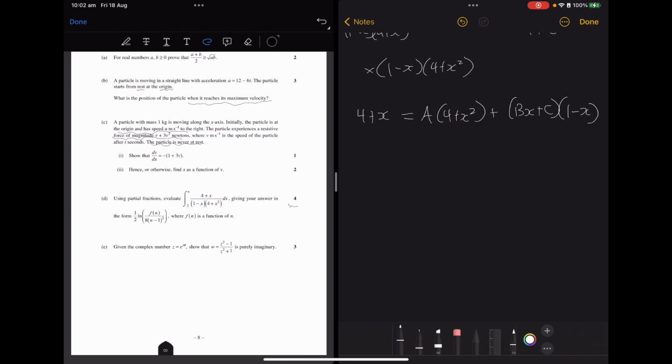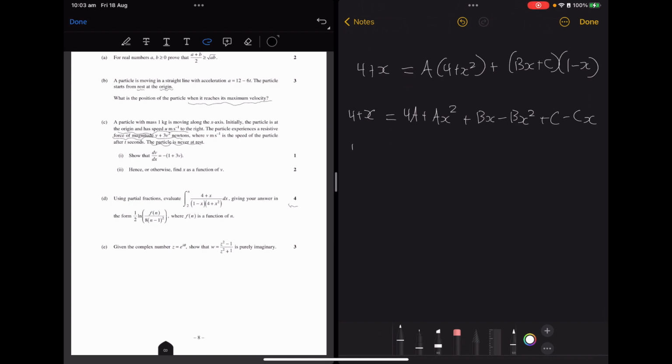Now we first have to expand each side. So that means 4a plus ax squared plus bx minus bx squared plus c minus cx.